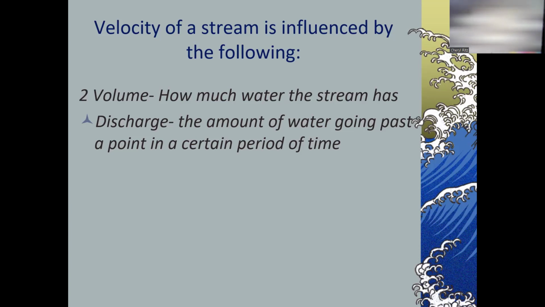And it says that approximately 75,750 gallons of water go over the American and Bridal Falls every second. 75,750 gallons per second go over those falls. That's the discharge. So how many gallons go over it a second? So that's all that discharge means.